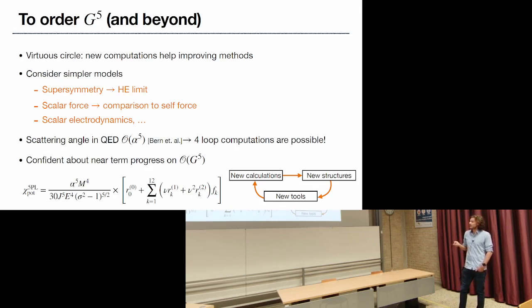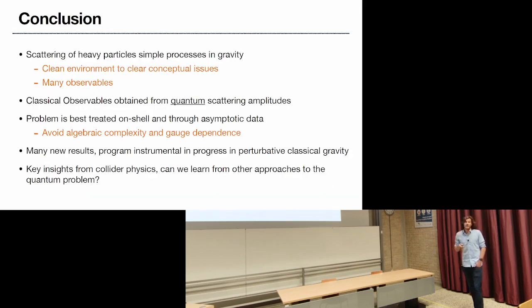And we are very confident that we can leverage what we learned from quantum electrodynamics to gravity. So there's a lot of overlap in the computations, and we also made more progress since we put out this result, basically. So maybe with that, let me conclude.